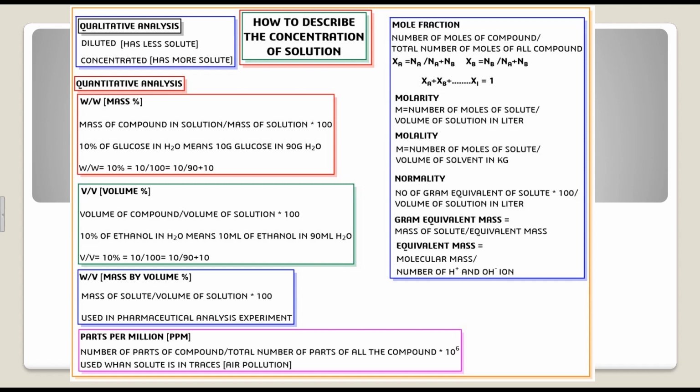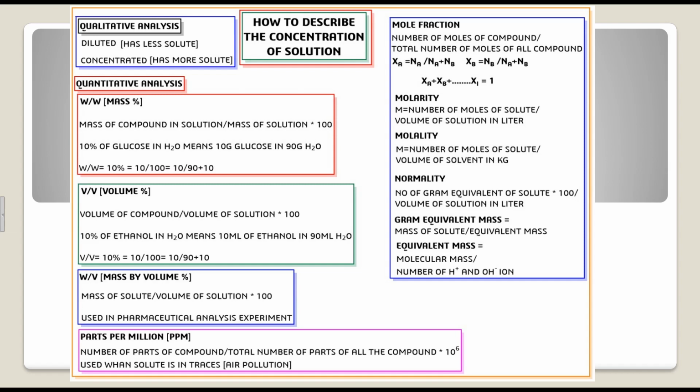This is especially used to analyze trace elements, like air pollution and elements like sodium and potassium present in trace amounts in a solution. In that case, we can use parts per million. The formula is number of parts of compound divided by total number of parts of all the compounds into 10 to the power of 6.